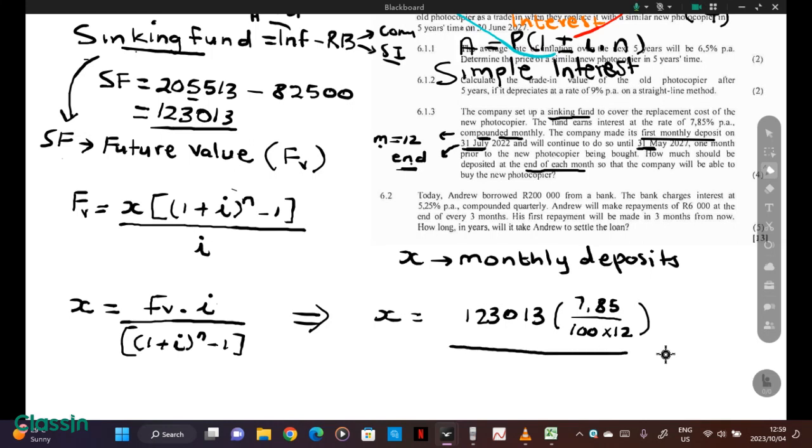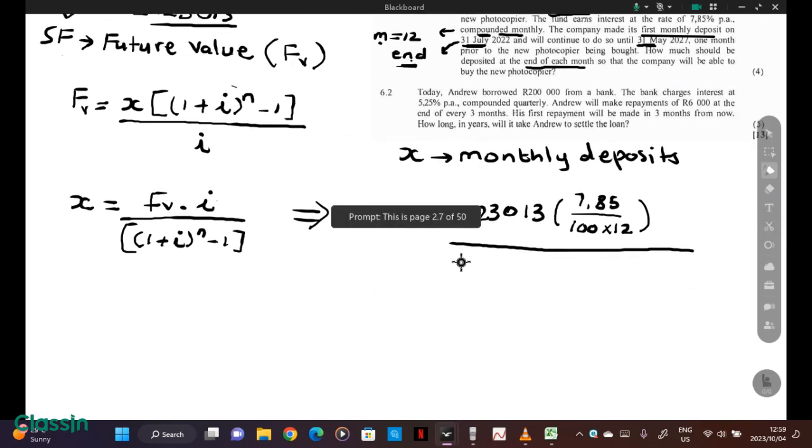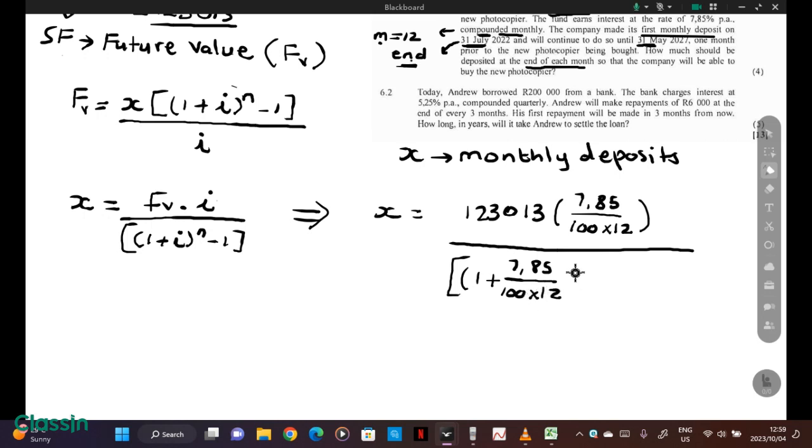Now from there, you divide everything by the bigger bracket, which you write 1 plus 7.85% divided by 12, close bracket, to the power of 5 years multiplied by 12, minus 1.